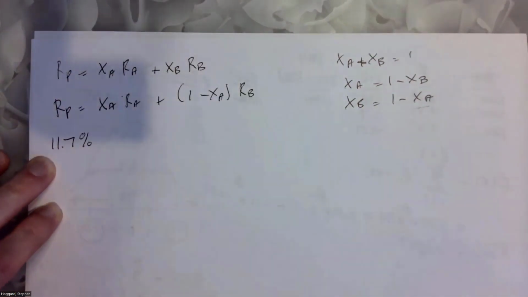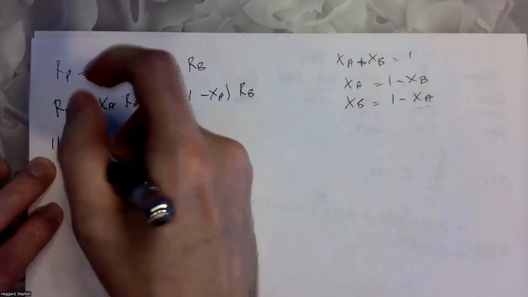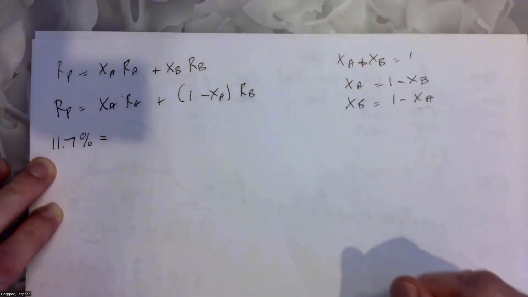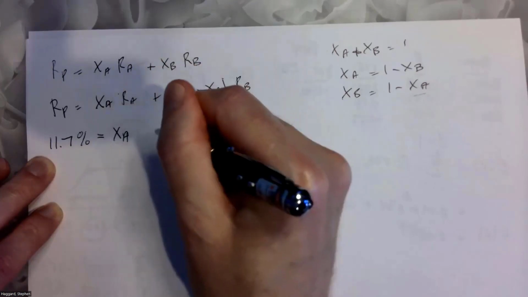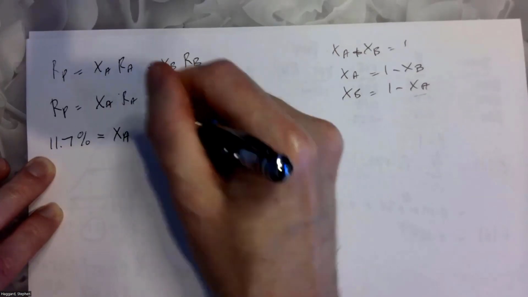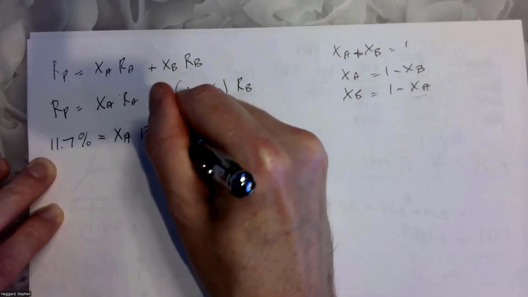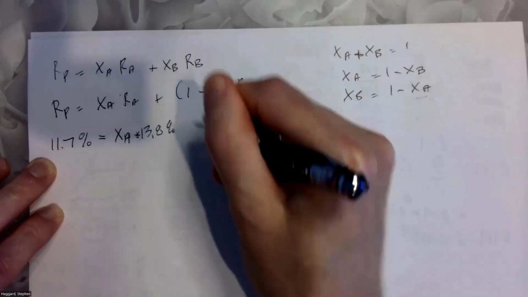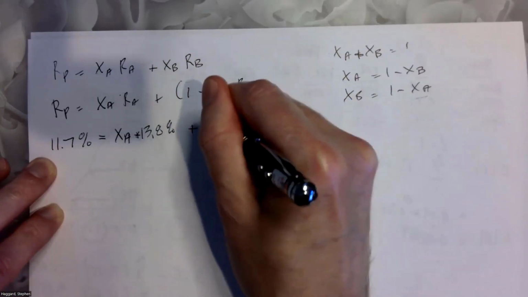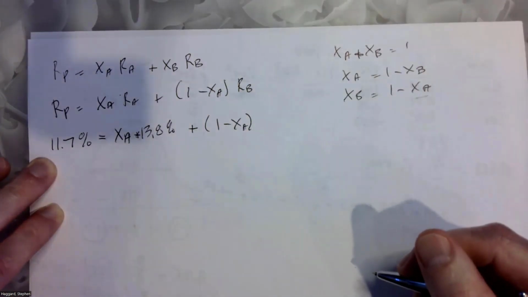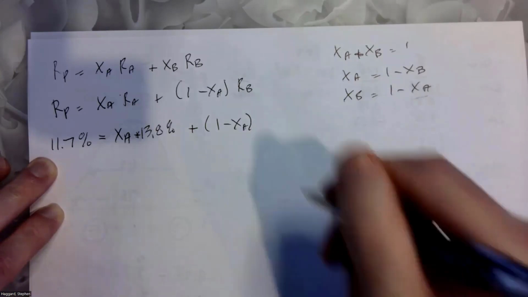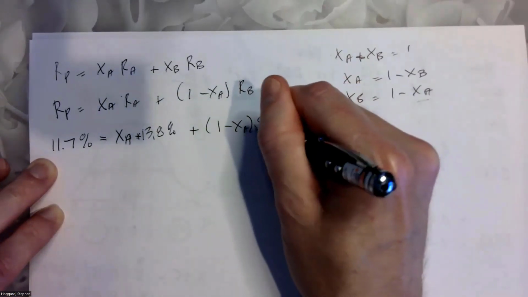In this case, we can use percentages, but you could use decimals if you're more comfortable. We don't know X sub A, but we do know the return on A, which is 13.8%. And then we have 1 minus X sub A times the return on B, which is 9.2%.